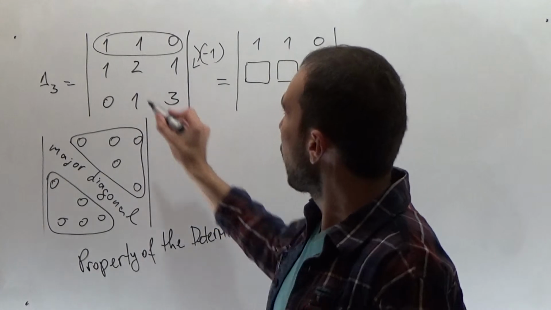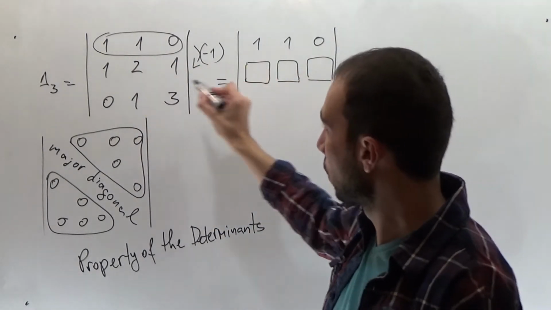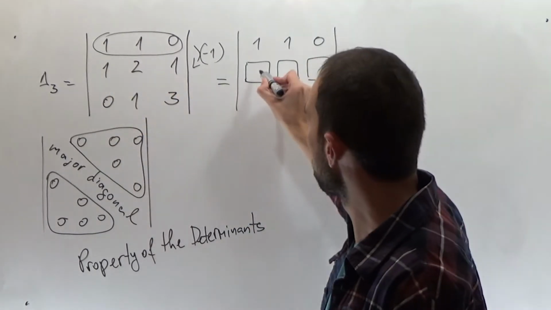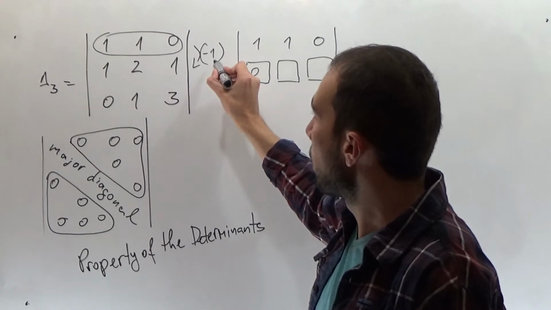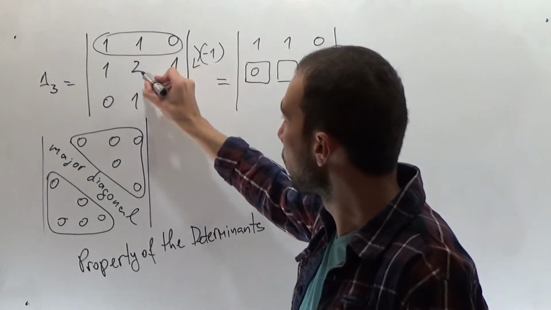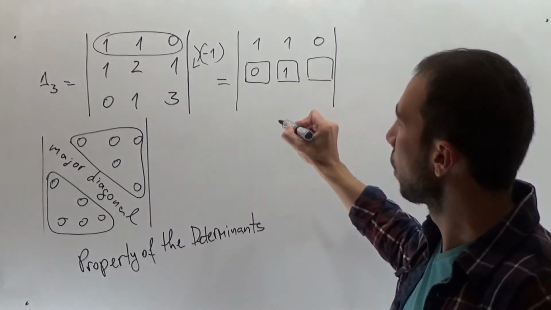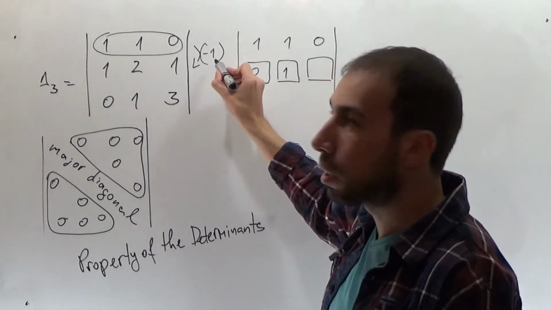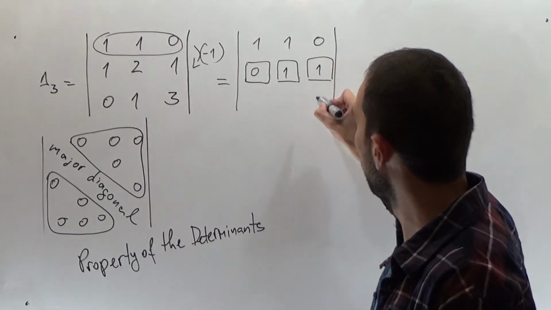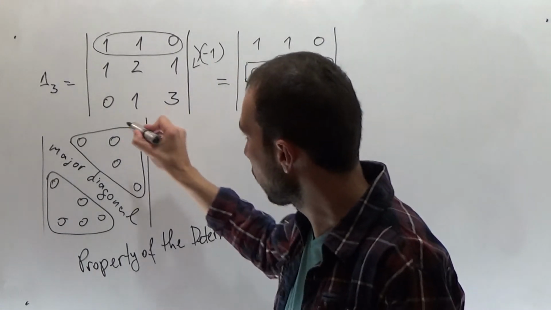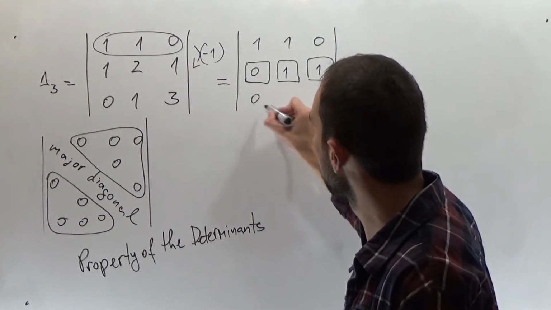Okay, we have 1 multiplied by minus 1, it's minus 1, plus 1, it's 0. 1 multiplied by minus 1, it's minus 1, plus 2, it's 1. 0 multiplied by minus 1, it's 0, plus 1, it's 1. Okay, and we have to rewrite the third row of the determinant.